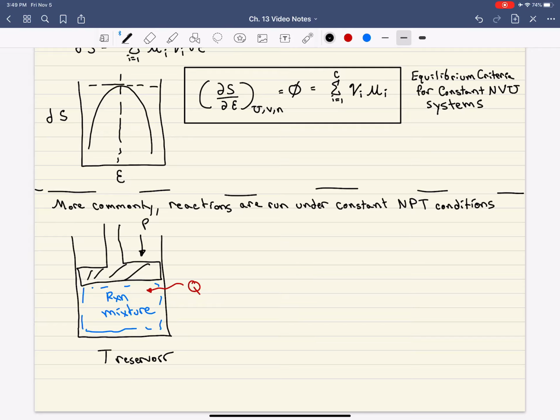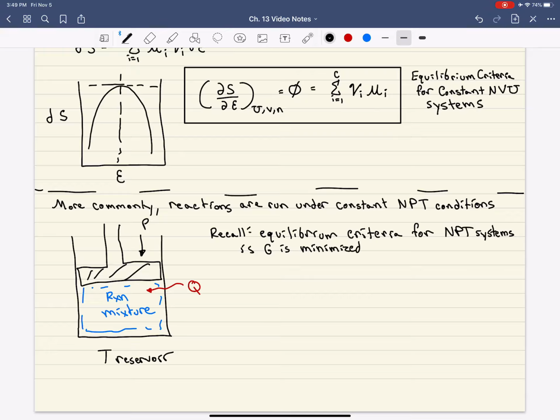All right, and so for constant NPT systems, if you recall, for those systems to reach equilibrium, what had to happen is that their Gibbs energy is not maximized, but it's minimized.